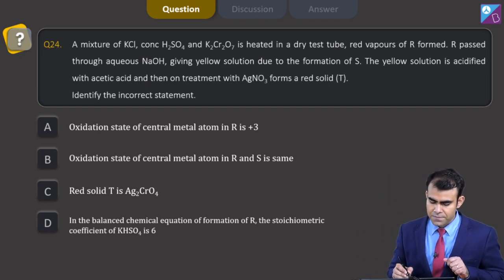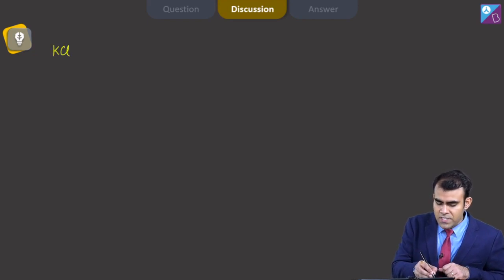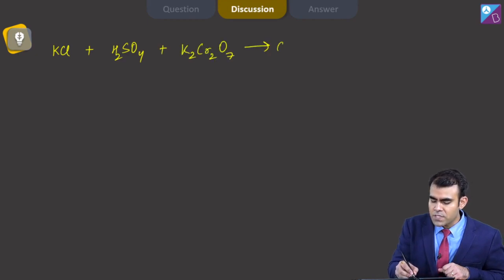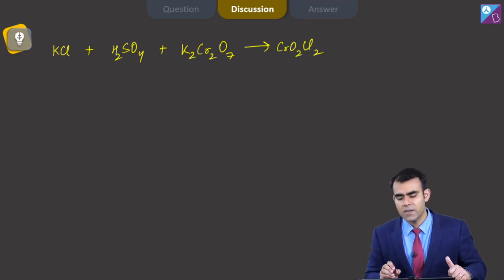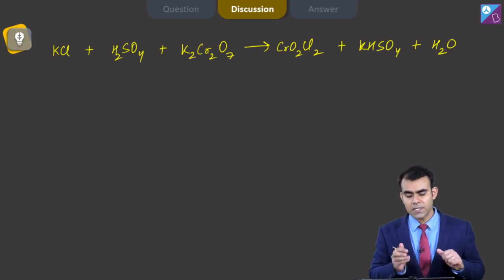First we have KCl, which reacts with H2SO4 and K2Cr2O7 and forms CrO2Cl2, that is chromyl chloride, which has red vapors, along with KHSO4 and H2O. Here I am not doing the balancing part.